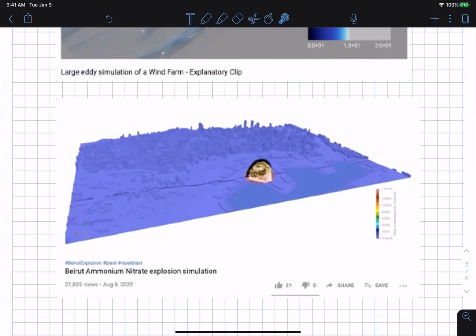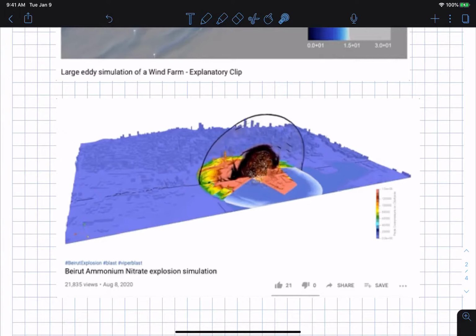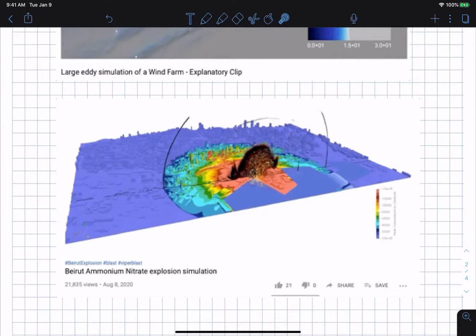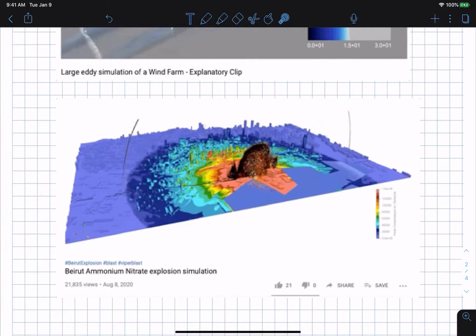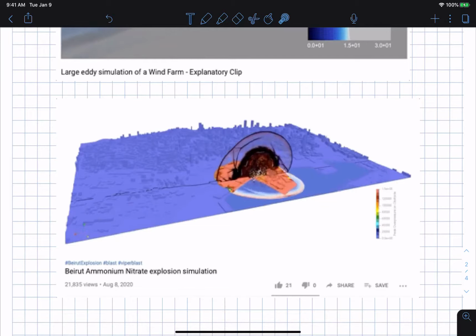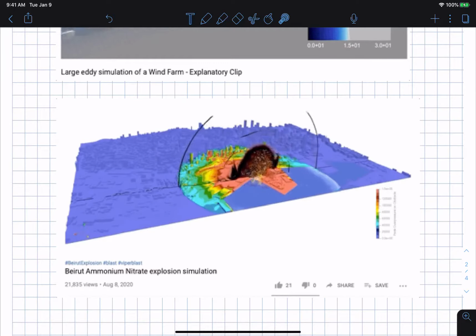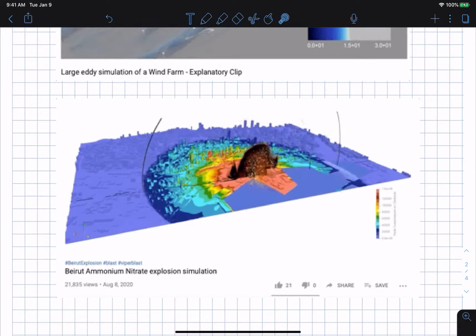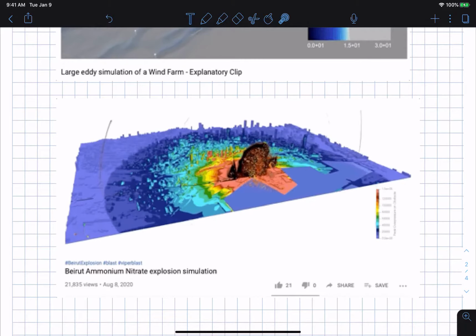And there are governments and militaries that use computational fluid dynamics to understand blasts. This was a numerical simulation of the recent Beirut explosion, and they just used it to understand where the pressure was higher, how the blast propagated, and things like this.